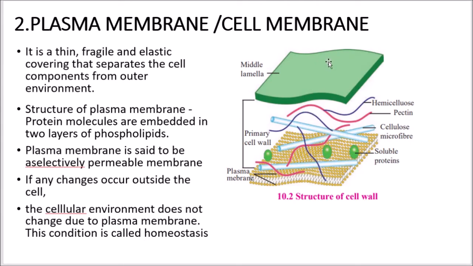The middle lamella, then below that there is a primary cell wall which contains hemicellulose, pectin, cellulose microfibers, soluble protein. This green part is the soluble protein and the yellowish part shown here in the plasma membrane, these are what? Lipids.